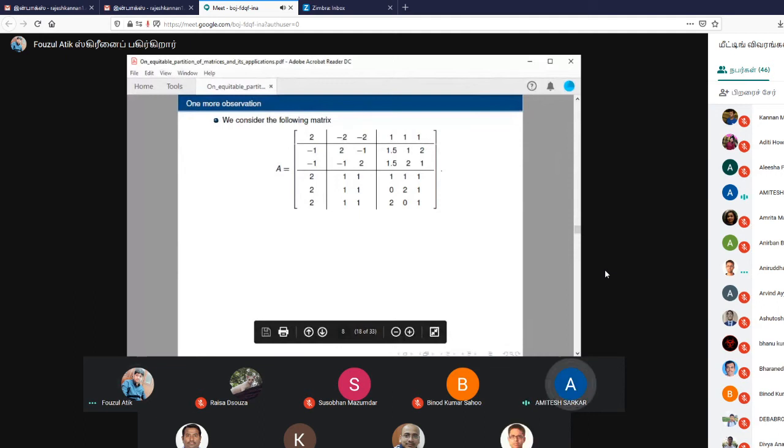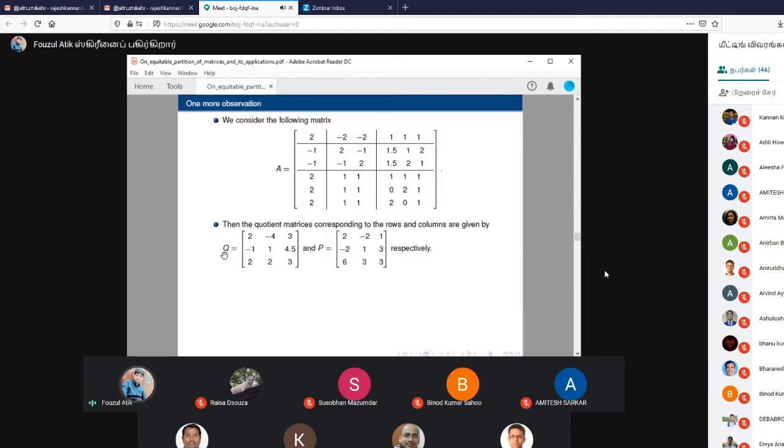Column sum also constant. Yes, the column sums are constant. Exactly. So this matrix A has some partition. That means all the blocks have constant row sum, but for that matrix, all the columns sums are also constant. This is the beauty of this partition for this matrix.